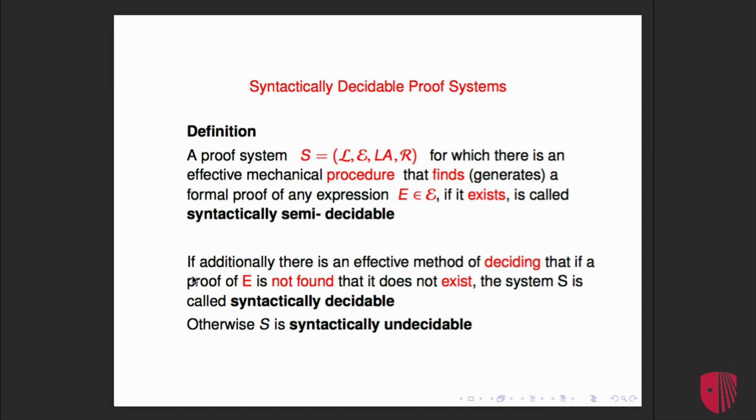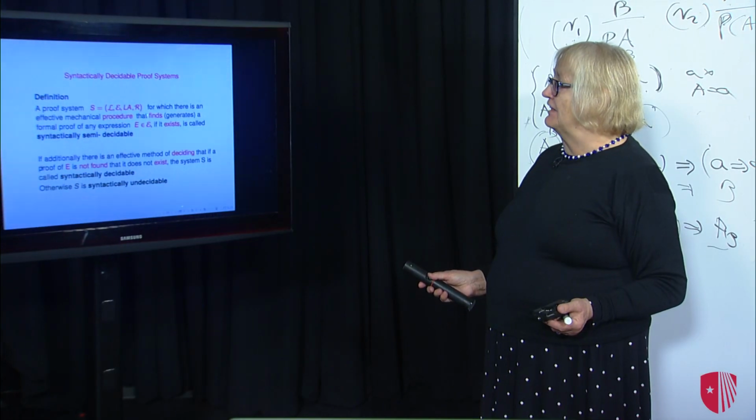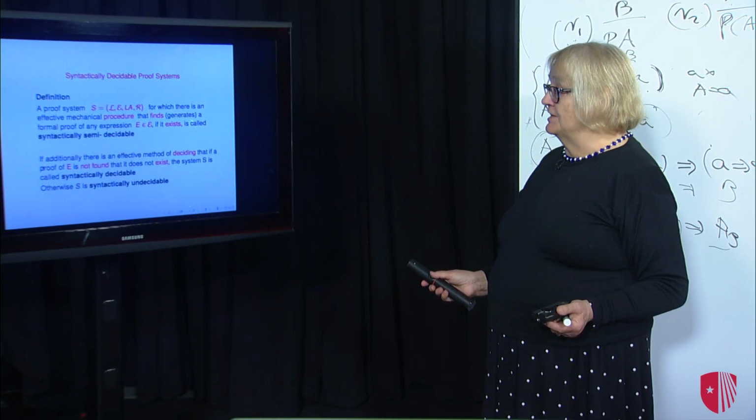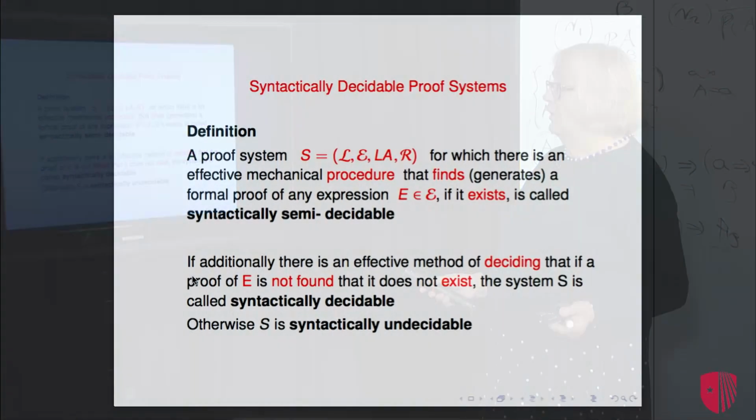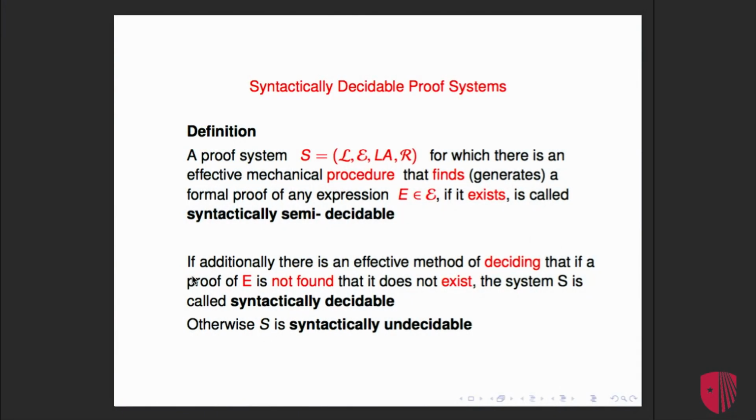So we say the proof system for which there is an effective mechanical procedure that finds, it means generates, a formal proof of any expression, if it exists, is called syntactically semi-decidable. If it exists, it is called semi-decidable. If it exists or does not exist, it is called decidable. Decidable is stronger than syntactically decidable.